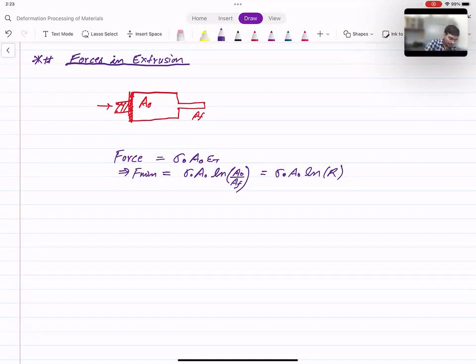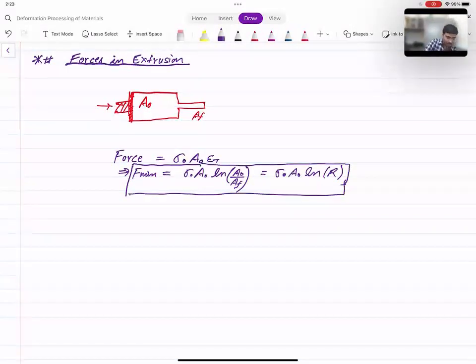Let me put it in a box so that it becomes more clear.